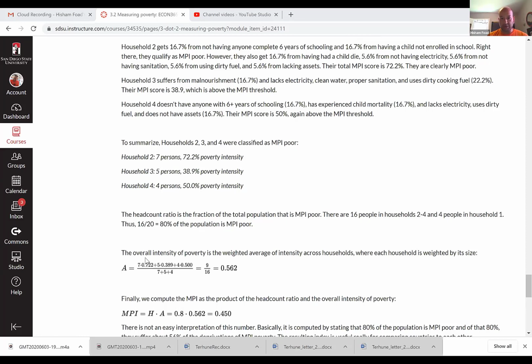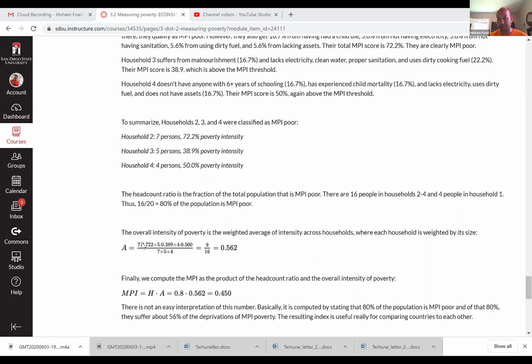You can do this by doing, for example, 7 over 16 times 0.722, plus 5 over 16 times 0.389, plus 4 over 16 times 0.5, or equivalently, in the numerator, just multiply the intensity by the number of people in the household and then divide by the total number of poor people. Mathematically, it's the same thing. And you end up with an average intensity of 0.562.